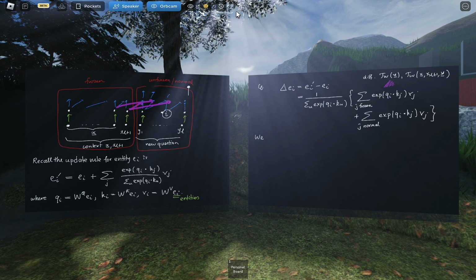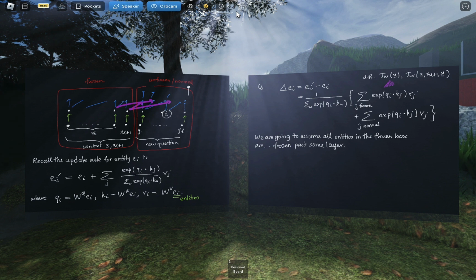We are going to make a bunch of assumptions and approximations. I'm not saying this is some cute initiation of an investigation. So we're going to assume all entities in the frozen box are frozen past some layer.